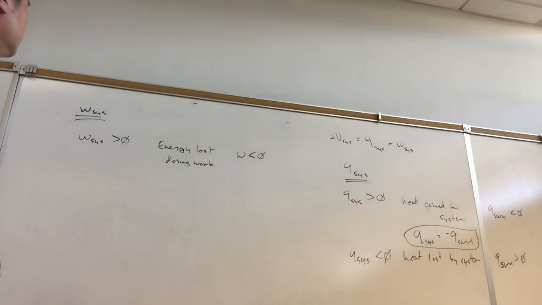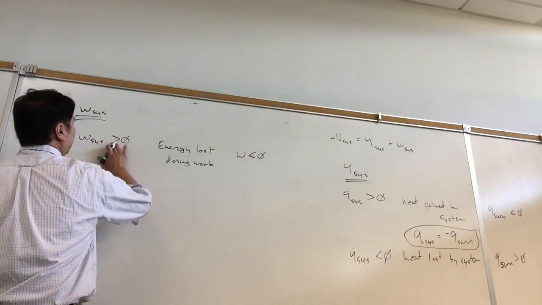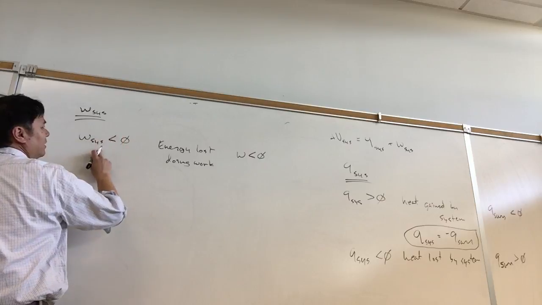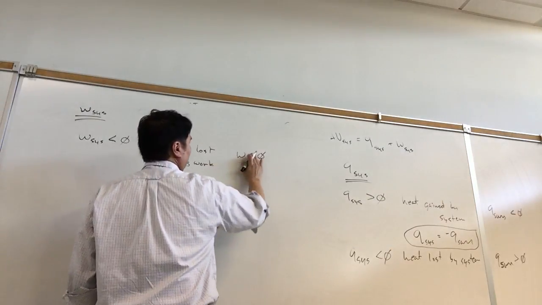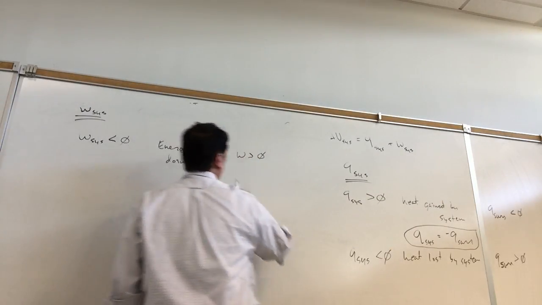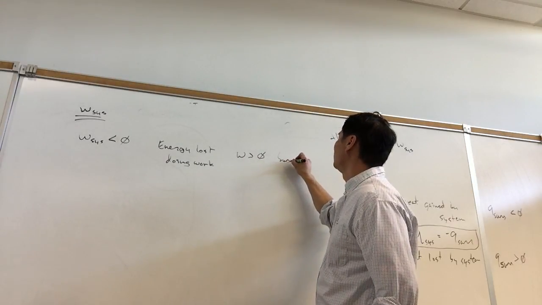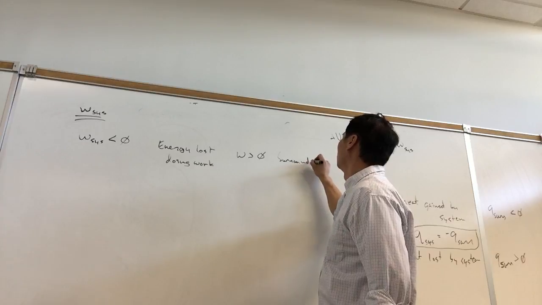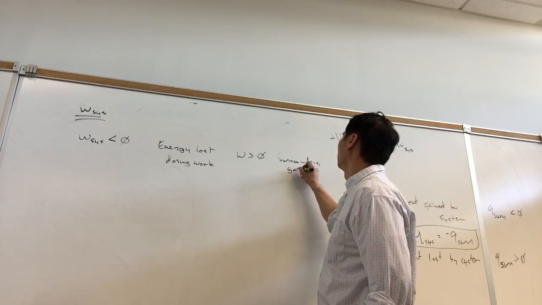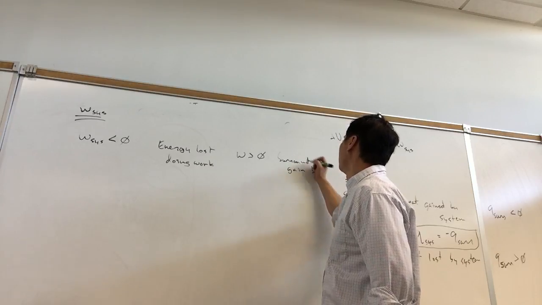actually, did I get this right? Oh, shoot. Sorry. If energy was lost, it's negative. That means here, this is positive. And so what happens is the surroundings gain energy by or from the system.